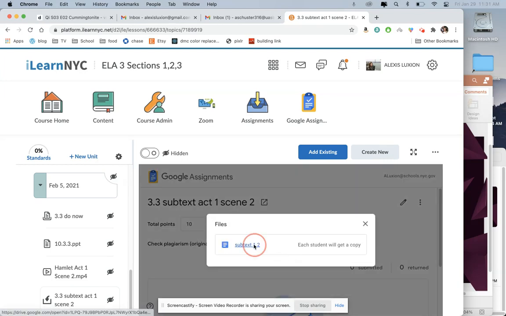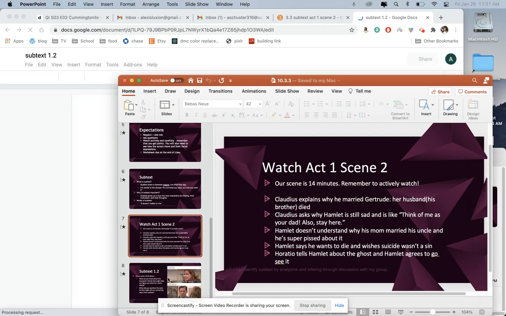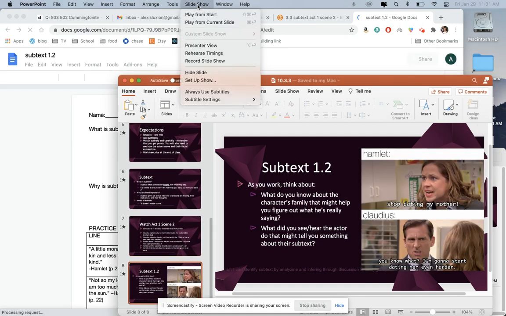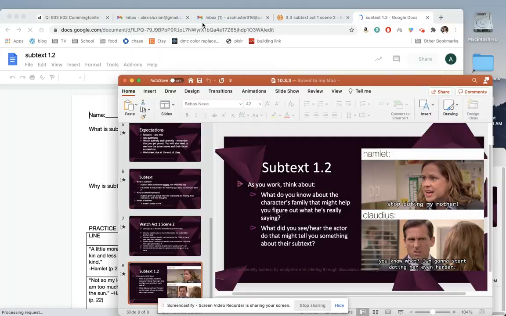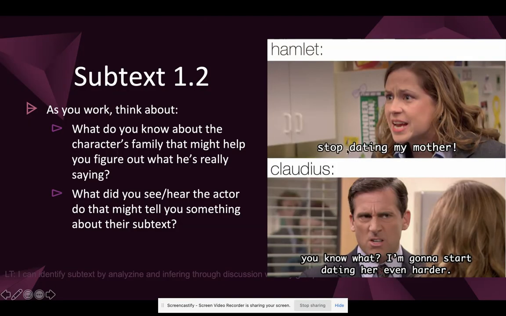Okay, so you watched the scene. So now we're going to practice with subtext. All right, first of all, this meme is really great. And second of all, we're going to practice with the subtext in this scene. So I'll walk you through how to do it in a minute, but basically you're going to see a line from the play.